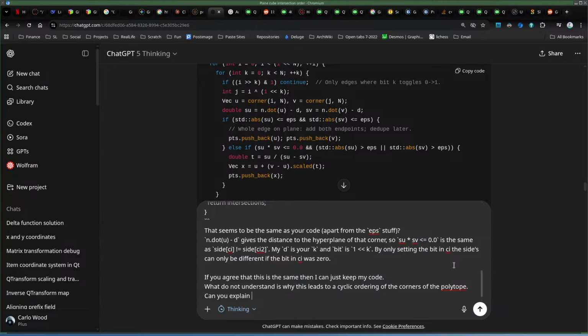Can you explain how that is guaranteed by running over all edges like this?